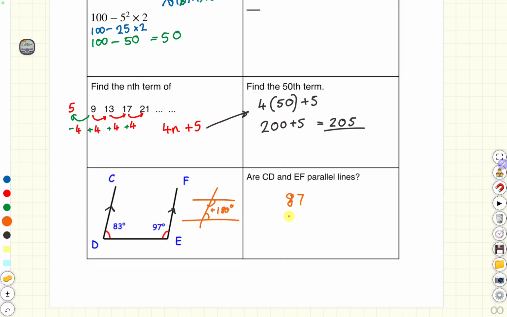So I'm doing 97, so 83 plus 97. 3 plus 7 is 10, carry 1. 8, 9, 9 plus 9 is 18, 180 degrees. Yes, they are, as co-interior angles, which is the name of this C-shaped angle, are 180 degrees.